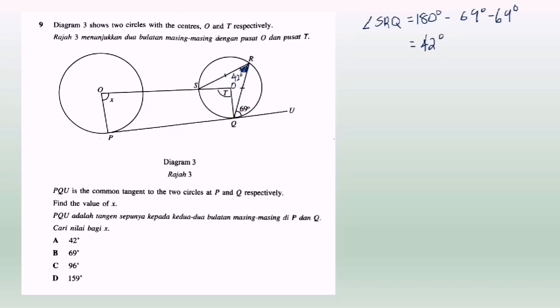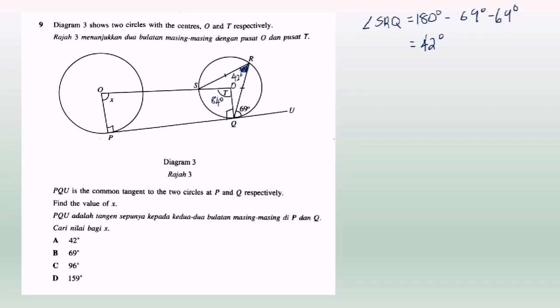STQ is the angle at the center. So the angle at the center is double the angle at the circumference by the same arc. So here it is 84 degrees. And TQ is the radius of the circle. So PQU is a tangent, so it forms a right angle here, and also a right angle here.